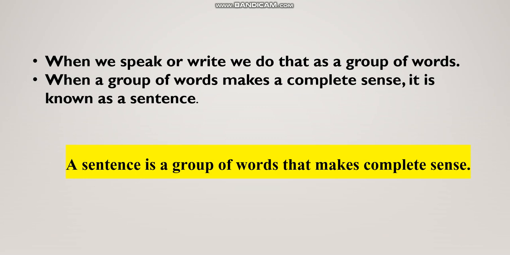A sentence is a group of words that makes complete sense. I repeat the definition. A sentence is a group of words that makes complete sense.